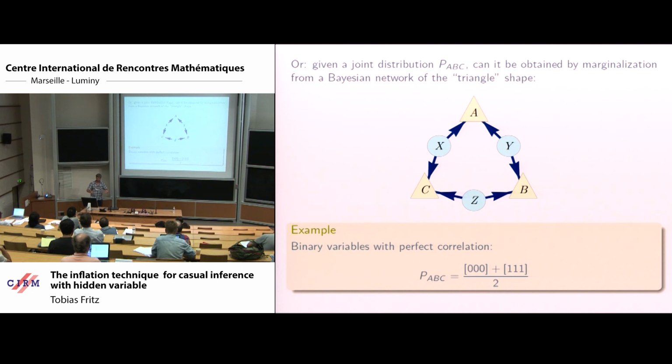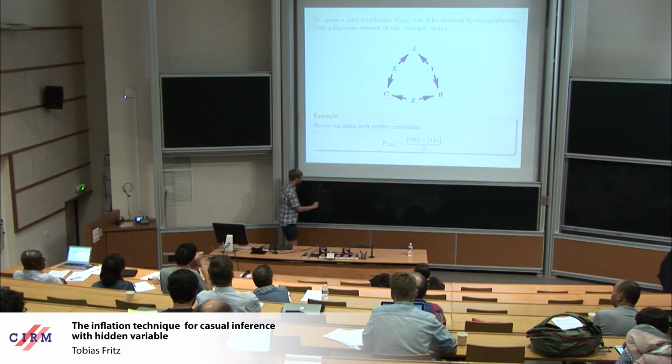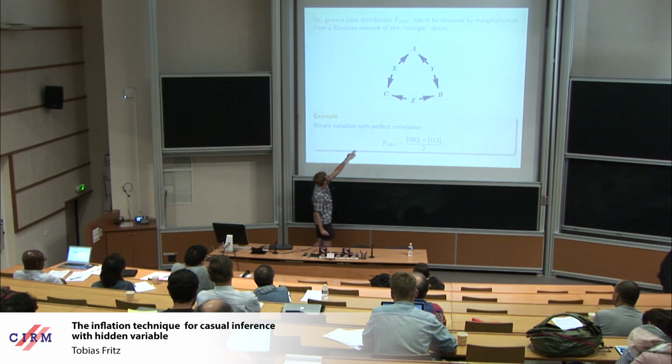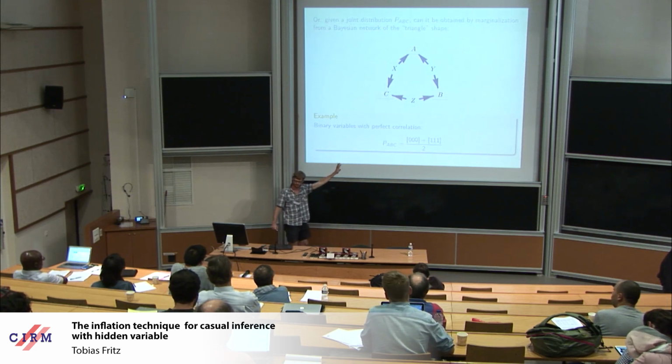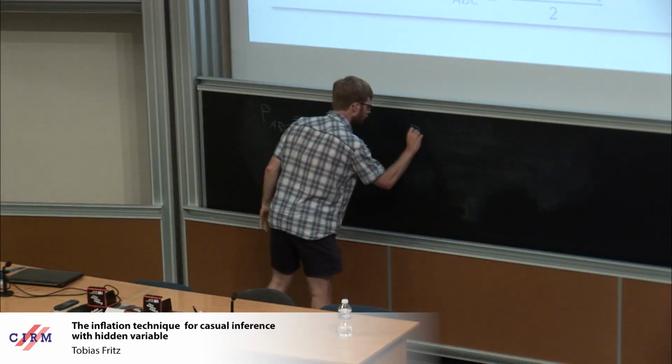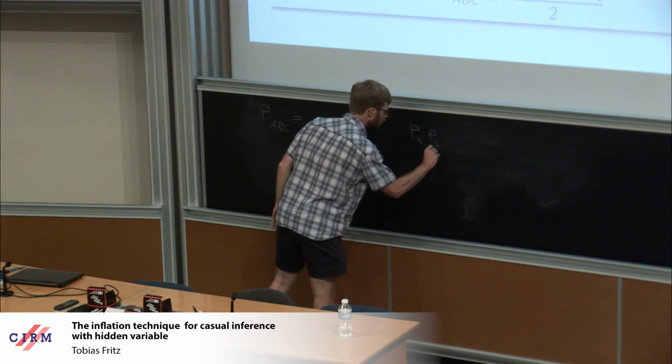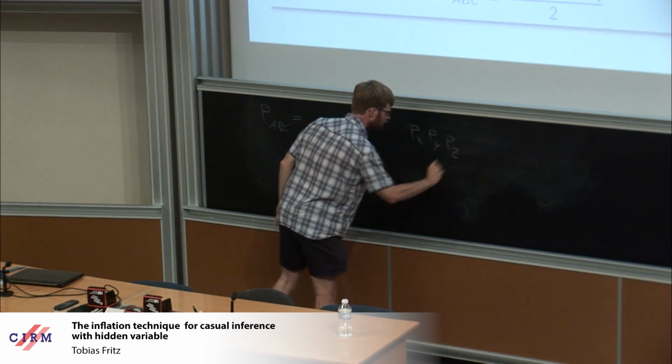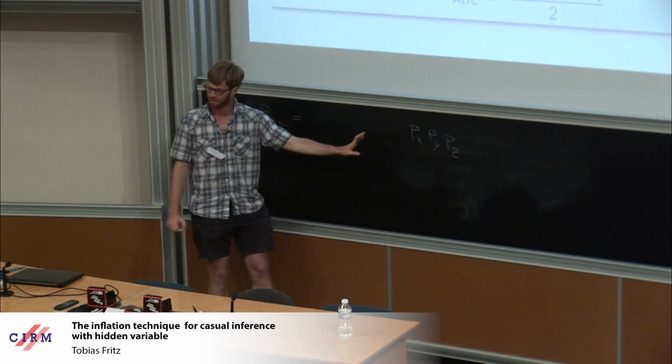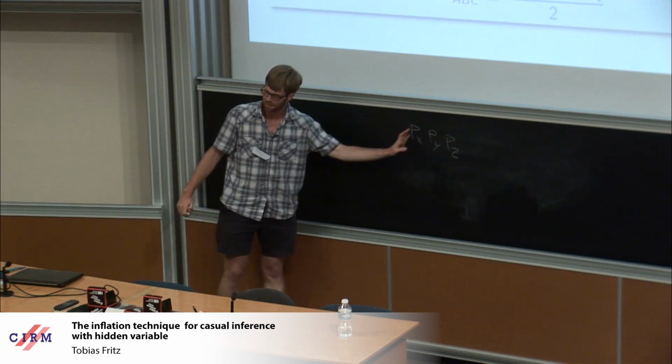And so overall, maybe I should write this down, because this is kind of important. The overall distribution for all six variables is, well, we have the distribution of x, the distribution of y, the distribution of z, and these are independent, so we just multiply them to get the distribution of x, y, z.